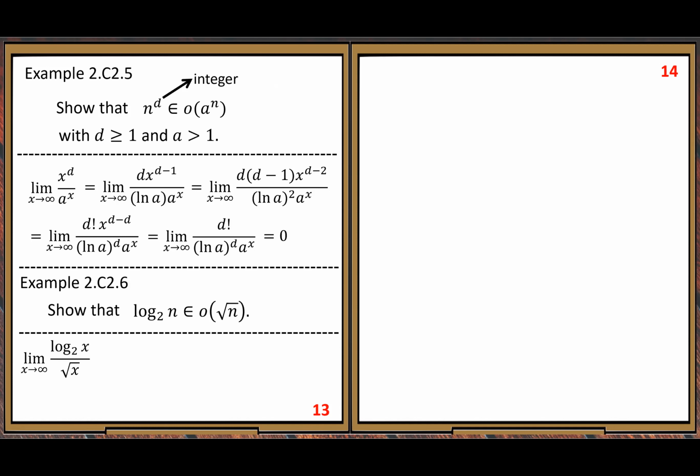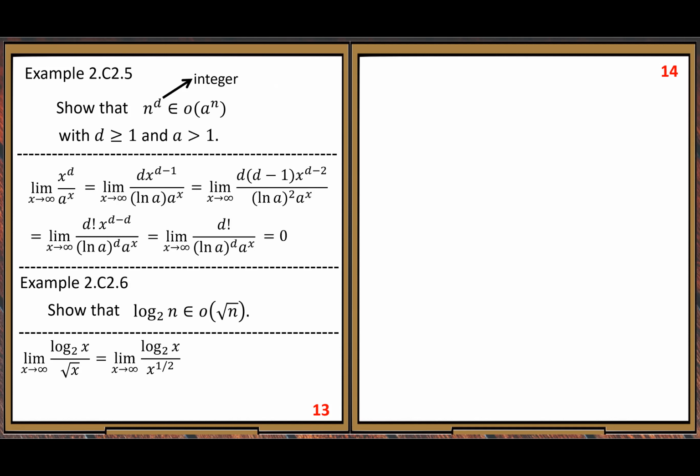Replace it by a continuous function, x. All right. We know it is an indeterminate form, so we can apply L'Hopital's rule, taking derivatives. This time, carefully apply the derivative formulas.